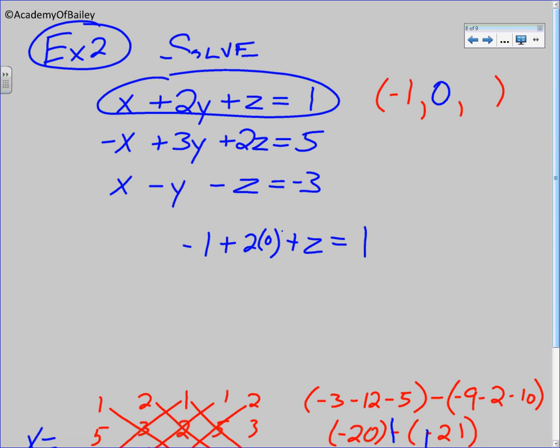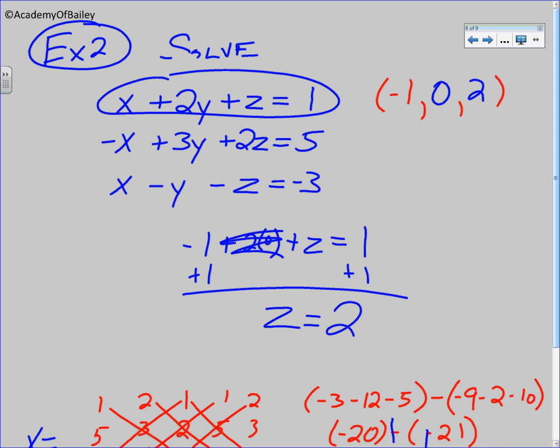Well, we know 2 times 0 is 0, so we really don't need it. We want to add 1 to both sides, so that leaves us z is equal to 2. And we go ahead and put 2 in there for z, and voila! C'est fini. I don't even know if those two are part of the same language, but I know that that's the correct answer.